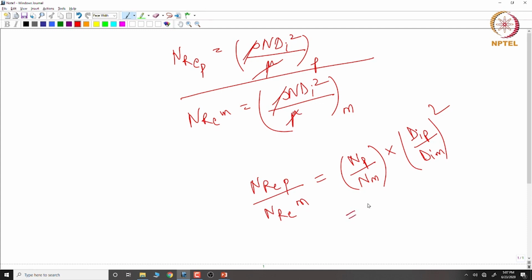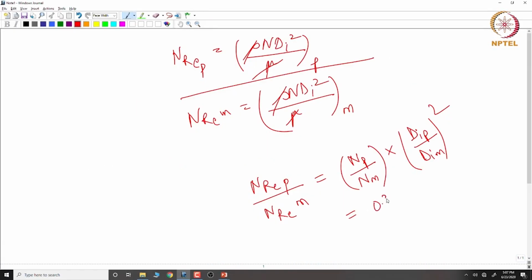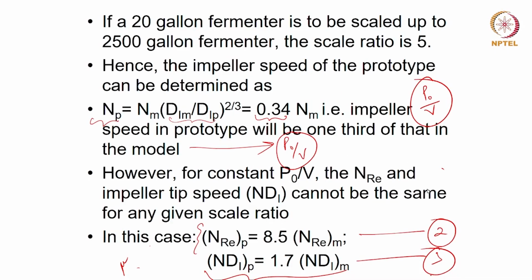Np by Nm, if you notice, how were they related? For constant P naught by V it was this. Np by Nm is equal to 0.34. And your DIP by DIM is related by the scale factor of 5.